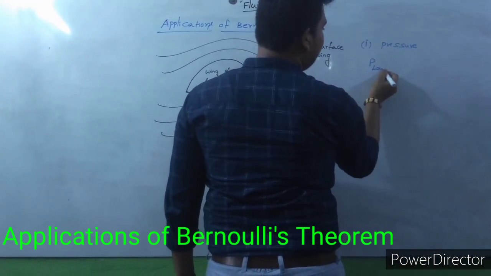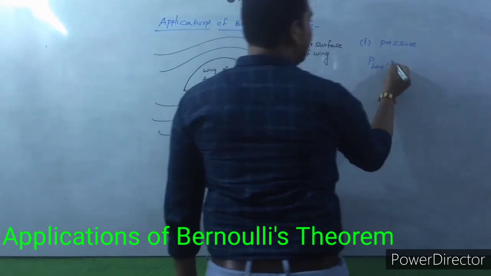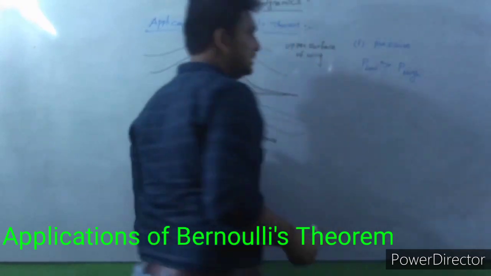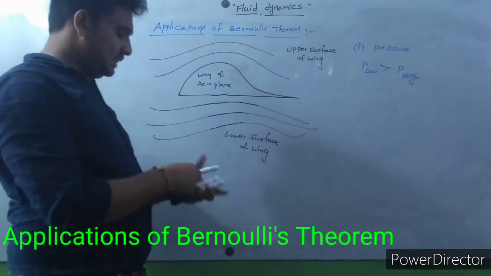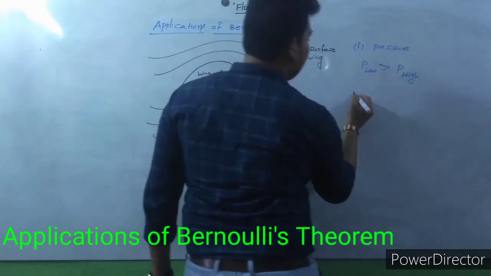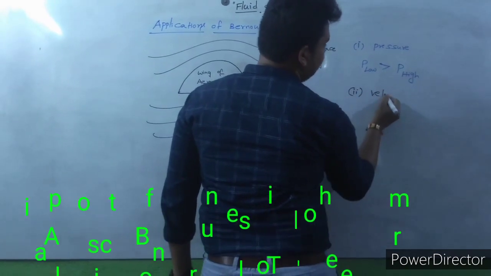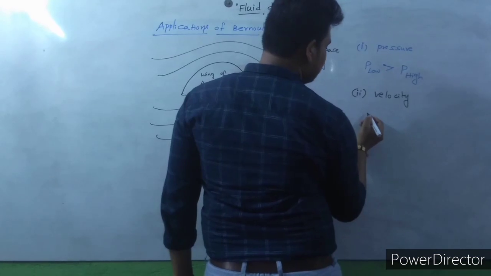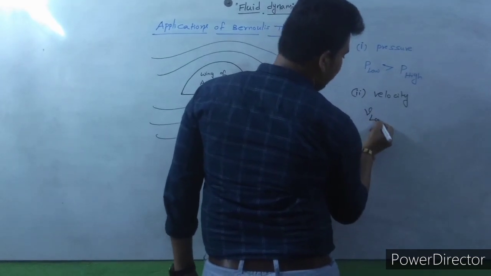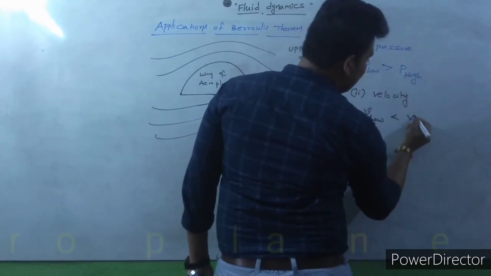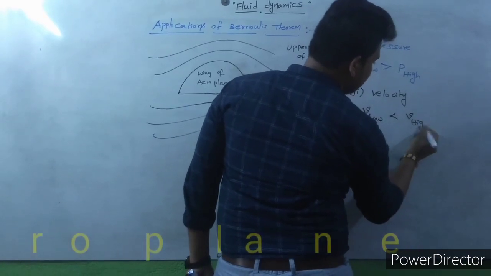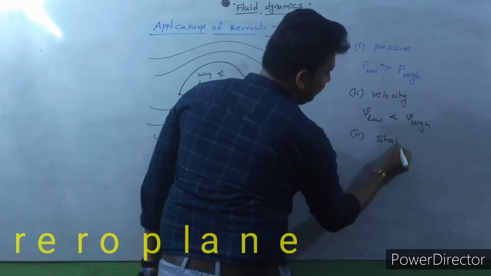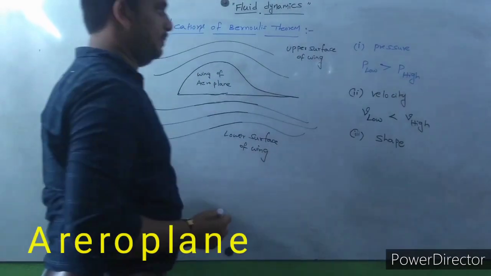Pressure at the lower surface is greater than pressure at the higher surface. Second one is velocity. Velocity at the lower surface is less than velocity at the higher surface. Third one is shape. This is very important.